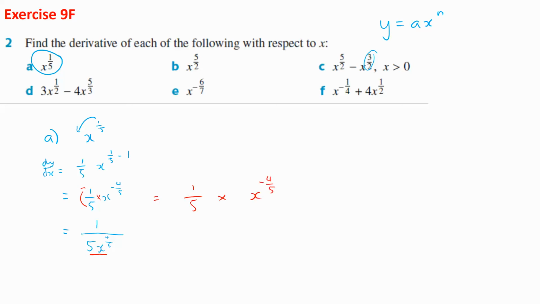We know that if it's a negative power, you can rewrite it as 1 over the positive power. So it'll be x to the power 4/5. You see, it's very simple. And then when you multiply 1 with 1, 5 with that, that's why I've got the answer as 1 over 5 x to the power 4/5. Okay?